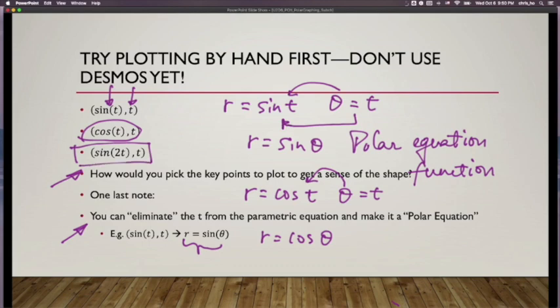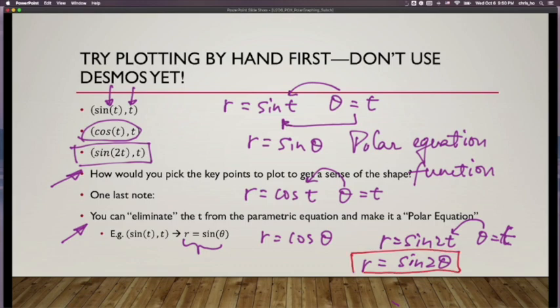Well, similarly, since r is equal to sine of 2t and theta is equal to t, I can plug theta right in here. So this becomes r equal to sine of 2 theta. So these, let me bracket them in red, these are all polar functions or polar equations.